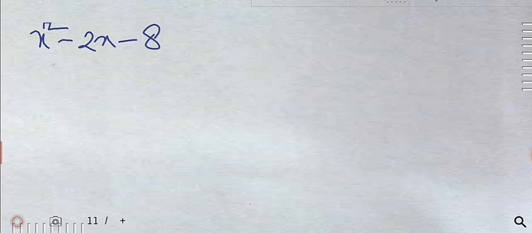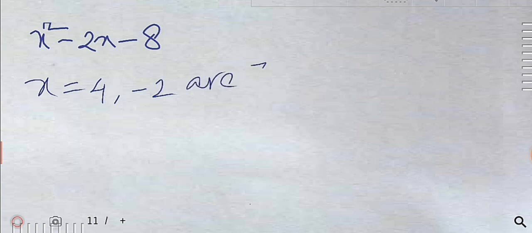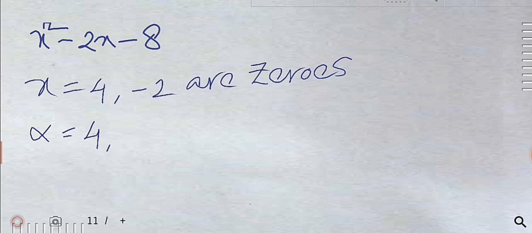Now we know x equal to 4 comma minus 2 are zeros. Now let us take one zero as alpha equal to 4 and the other as beta equal to minus 2. As we learned in the previous video, usually the zeros are represented with alpha and beta for a quadratic polynomial, and I equated them with the obtained zeros, that is 4 and minus 2.